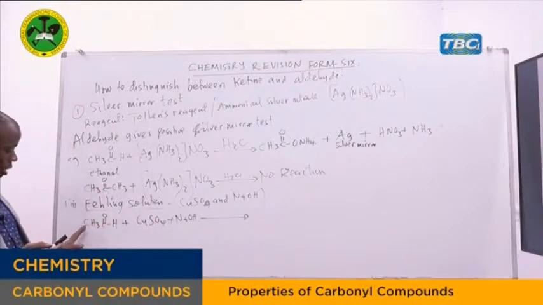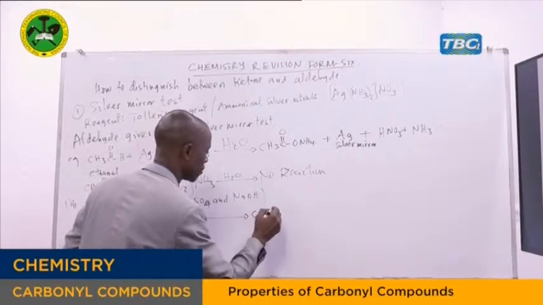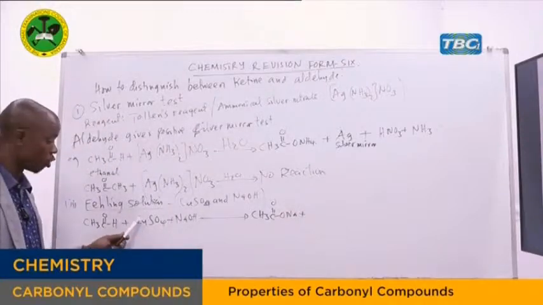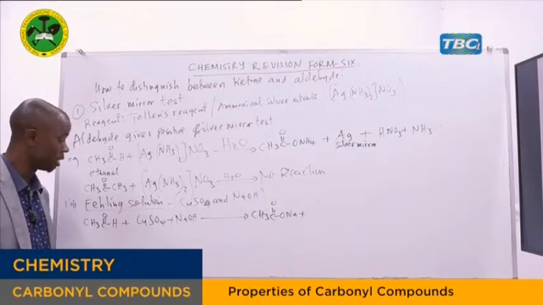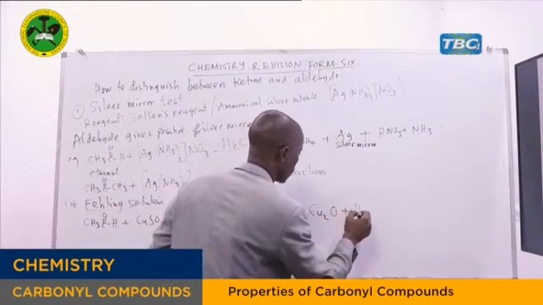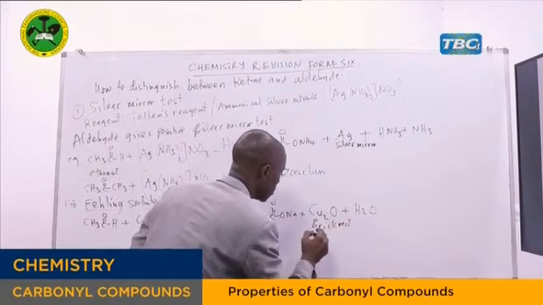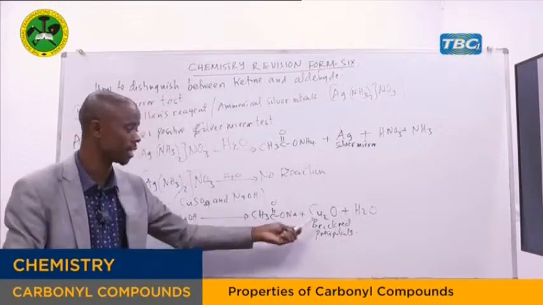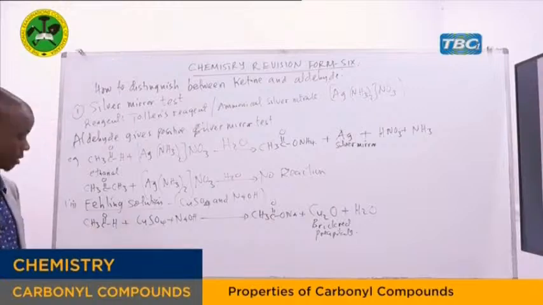Because there are two carbon atoms here, it will be sodium ethanoate, which will be written this way. And the copper(II) ion, which is present in the copper(II) sulfate in the solution, will be reduced into copper(I) oxide. So this one will look like a brick red precipitate. The presence of this brick red precipitate indicates that the organic compound in the solution is aldehyde.